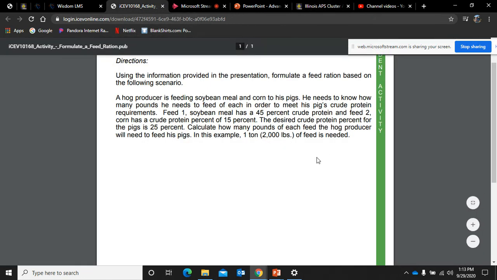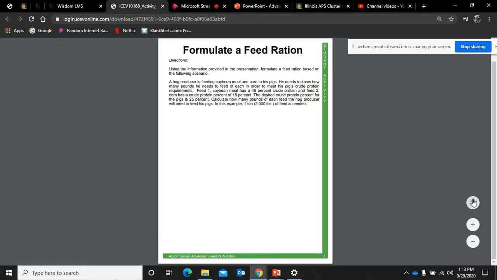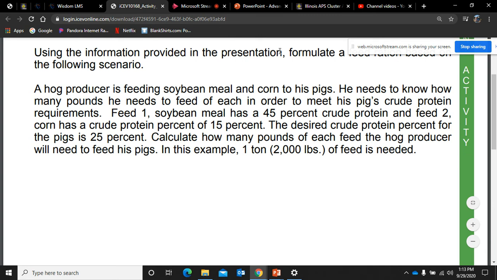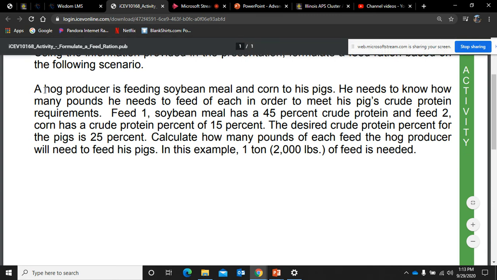I'm gonna give you guys this step-by-step process, and hopefully that'll help you guys maneuver through a problem. Here's just a practice problem that you guys can look at. A hog producer is feeding soybean meal and corn to his pigs. He needs to know how many pounds he needs to feed of each in order to meet the pigs' crude protein requirements.